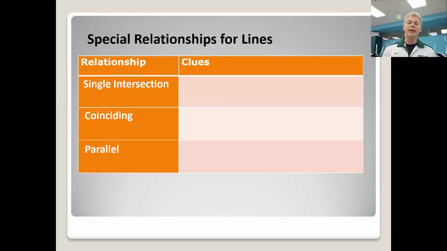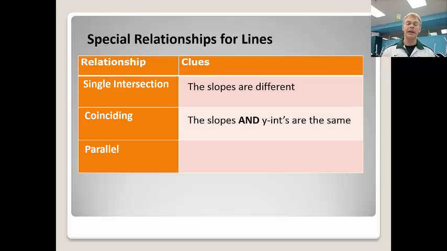All right, so let's take everything we just talked about and sum it up into one table here, so we have everything in one nice, neat place to go back and refresh our memory from. So if we have a single intersection and our lines are in slope-intercept form, the slopes are different, right? That's our clue to tell us we have a single intersection. For coinciding, the slopes and the y-intercepts of our equations, of the solutions, will be the same.